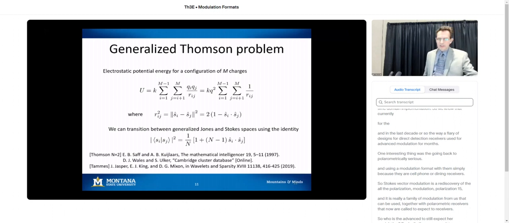Now, this method of solving this problem, which is called the generalized Thomson problem, was used by mathematicians both in the two-dimensional Jones space and in the general case of an n-dimensional Jones space, and I list some references here.